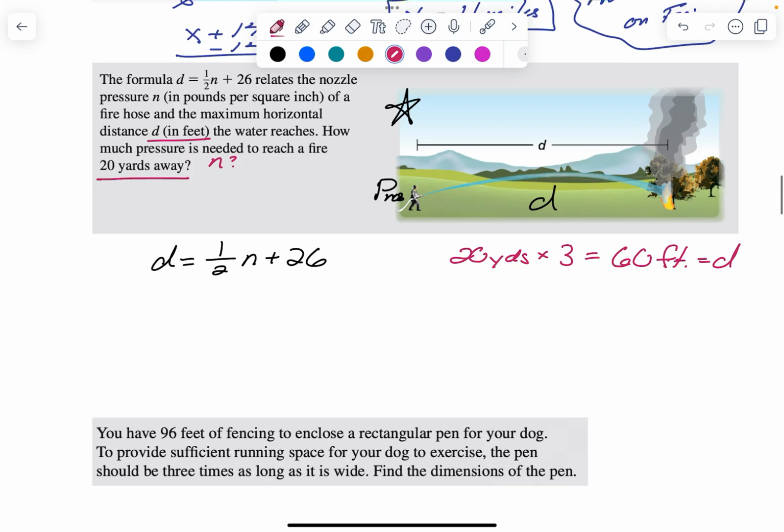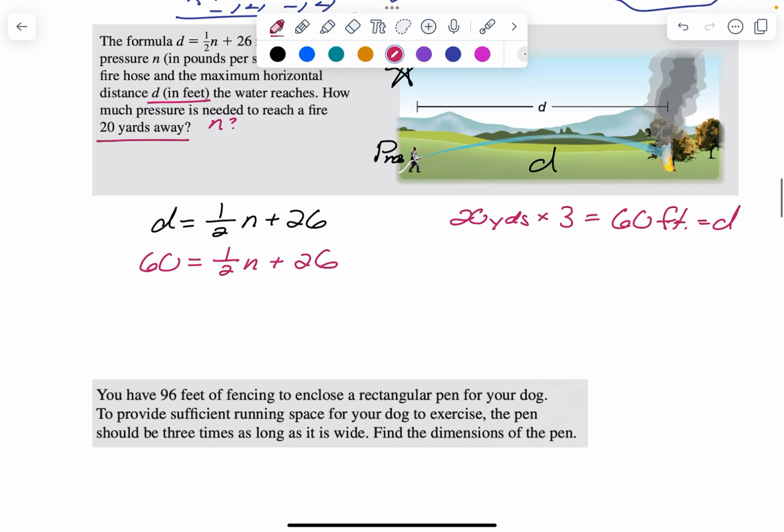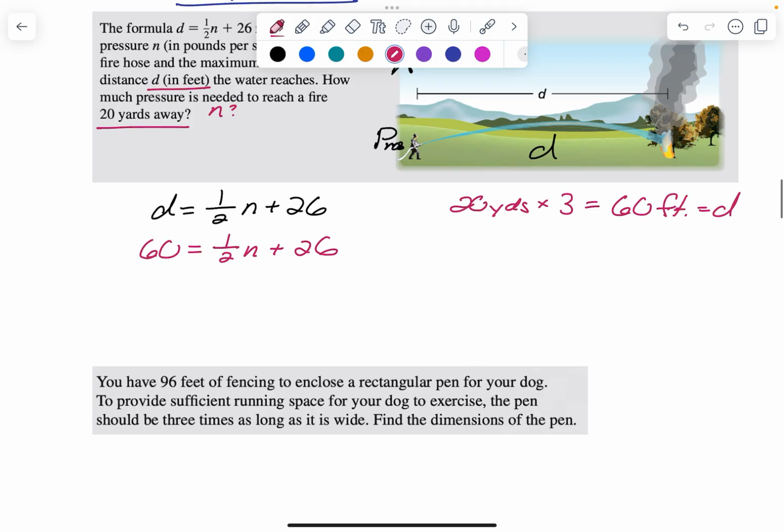So if we plug that in now, we're going to have 60 feet equals 1/2 n plus 26. So you can see we're solving a multi-step equation like we've been doing, but we had to plug in. I won't do anything that tricky on a test, don't worry. But it is kind of fun when you have to pay attention to things.